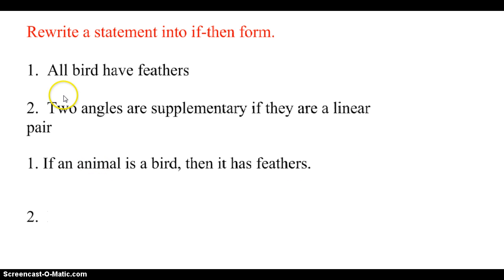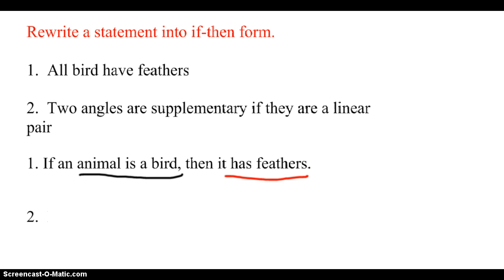So we're taking our hypothesis, birds, and we're putting our conclusion after it, it has feathers. So here would be my hypothesis, an animal is a bird. And then this would be my conclusion, it has feathers. Okay?